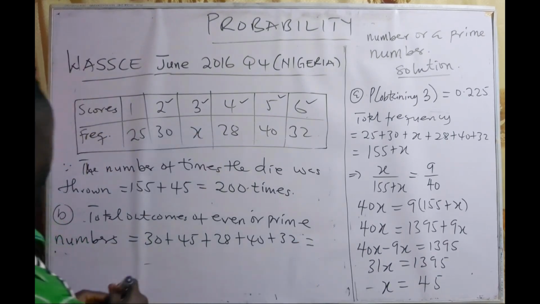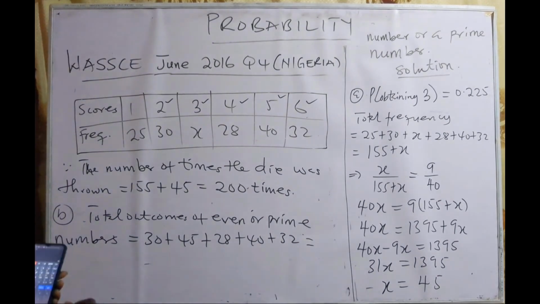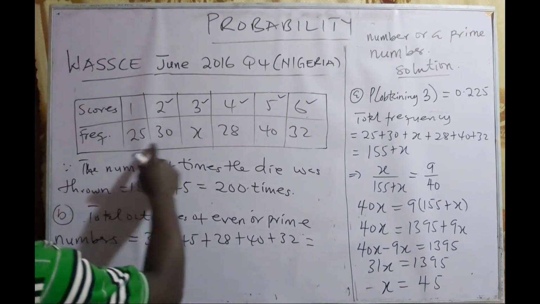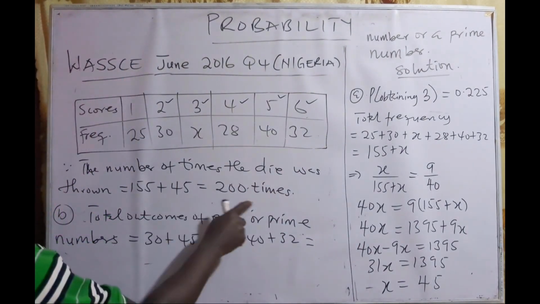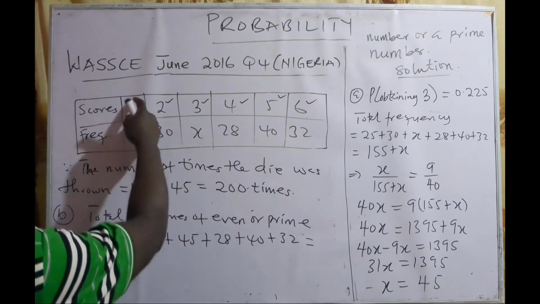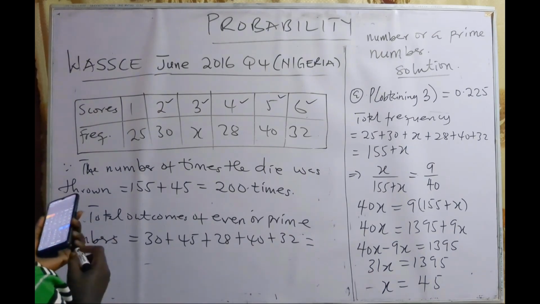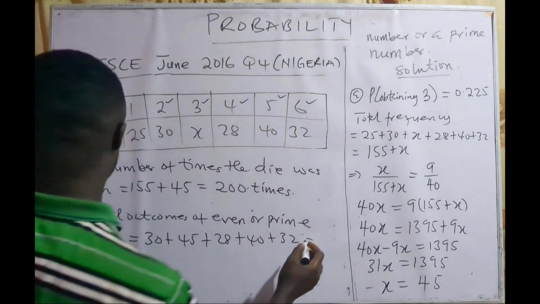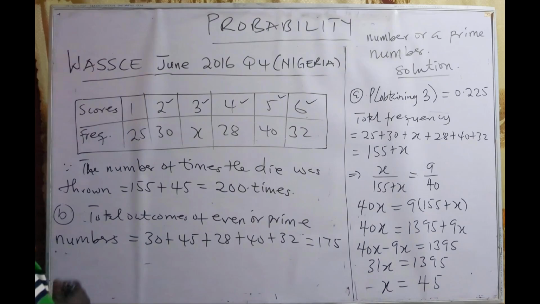So let's put all of them together and see what we get. We know that the total frequency was 200. Only 1 is not included, so 200 minus 25, so that will give us 175. It means that when you add all of this, you are going to get 175.